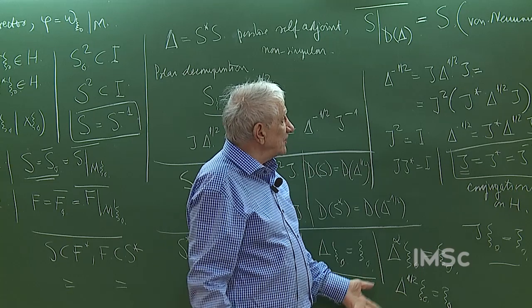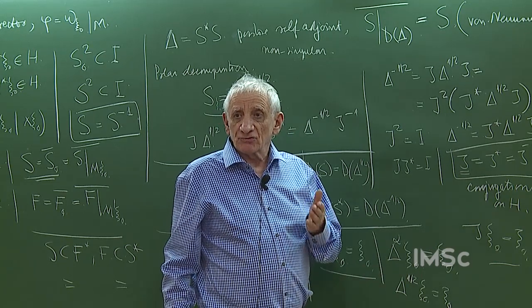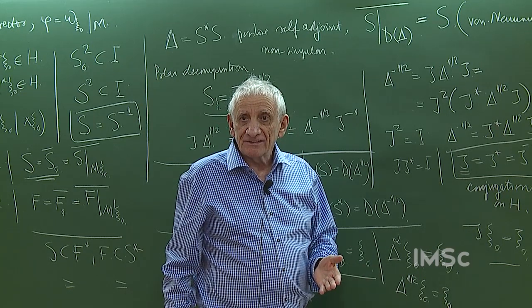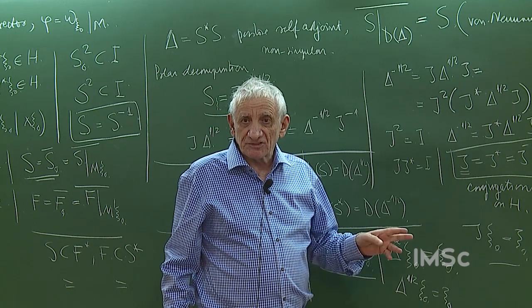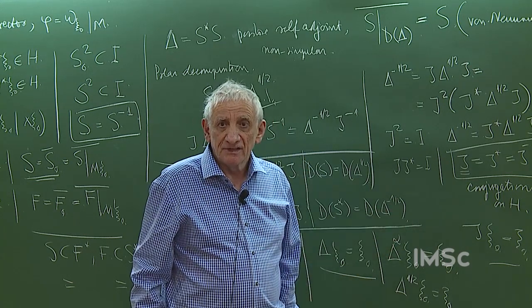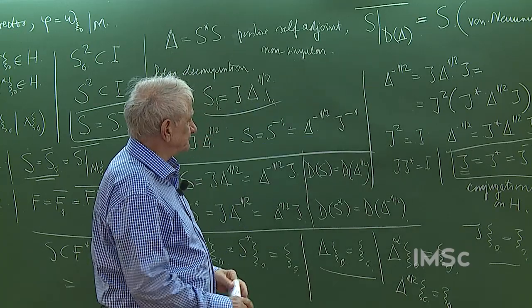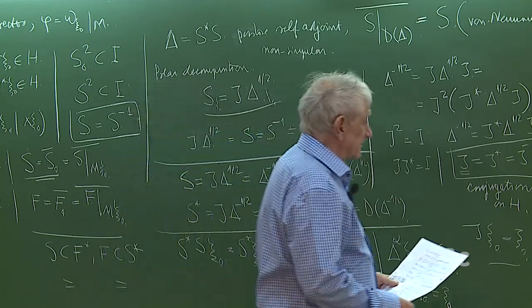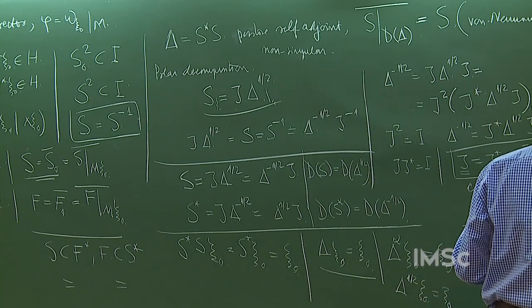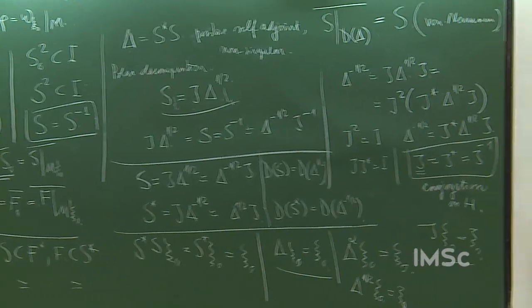So that I have J star, it's equal to the identity, right? This was the question? Okay, fine. No, because S is an invertible operator.